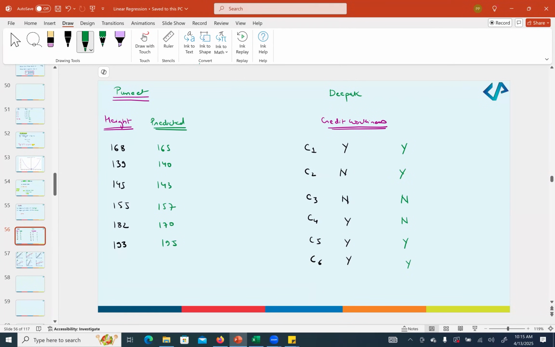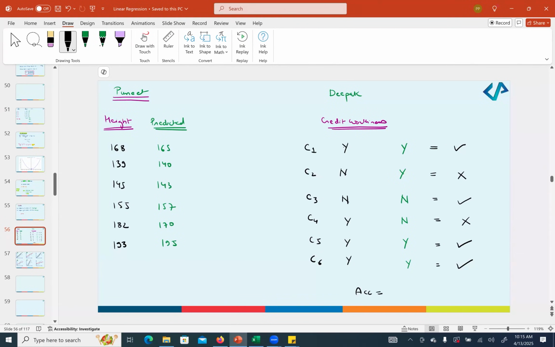So how will Deepak's model accuracy be measured? It will be measured by whether this is matching with this or not. In this case, it is matching, so this is right. In this case, it is not matching. In this case, it is matching. In this case, it is not matching. In this case, it is matching, and matching. So it will be measured in terms of accuracy.